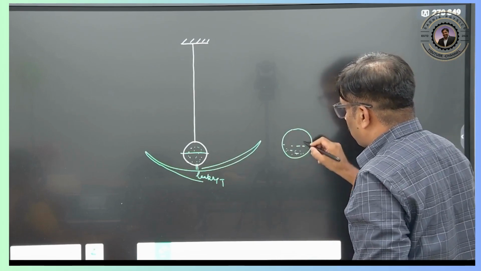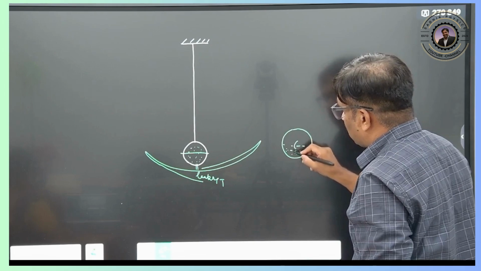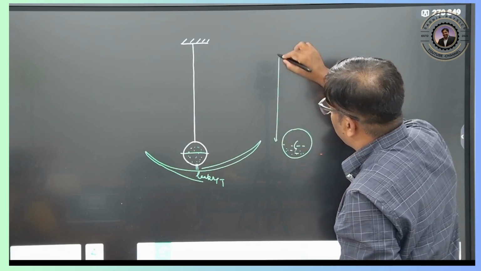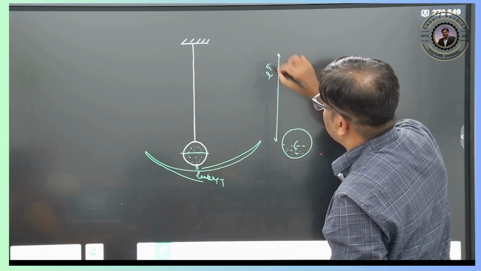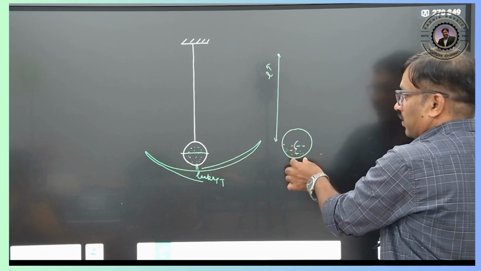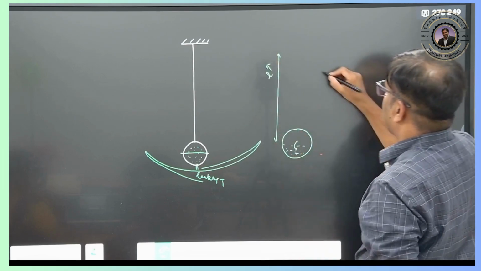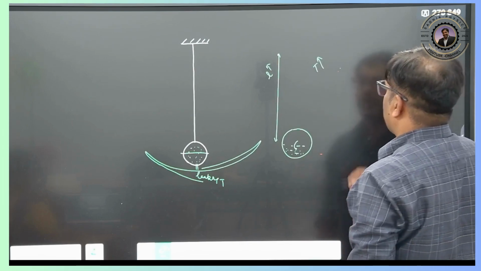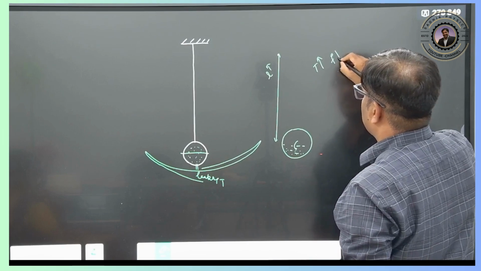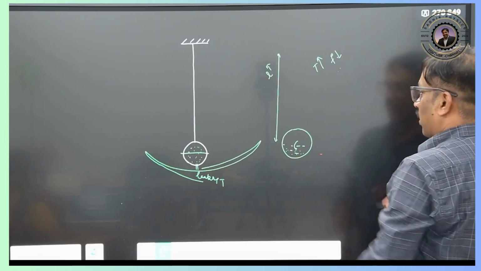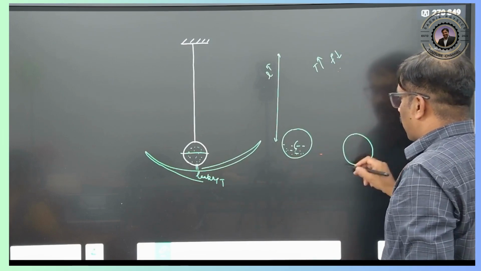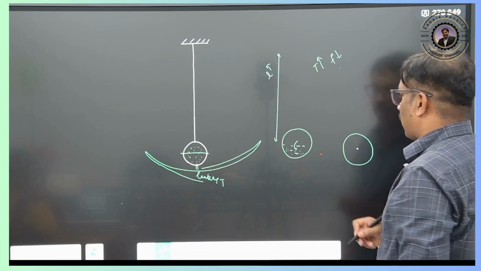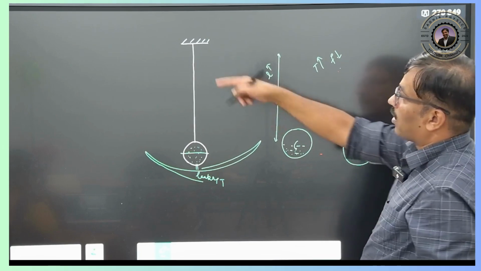Then the center of gravity will be shifted downward, so the length now slightly increases. Time period will initially increase, and frequency will decrease. Finally, when the water is completely empty, the center of gravity will shift back to the center, and it will come back to the same length.